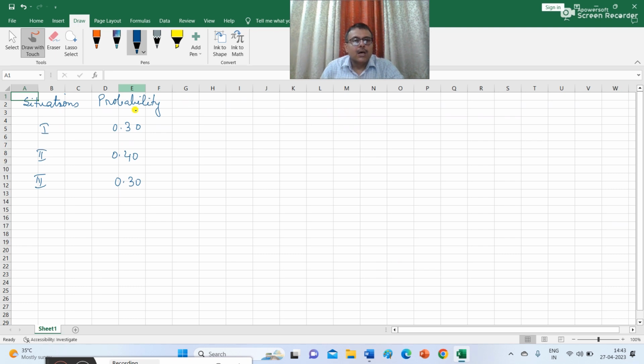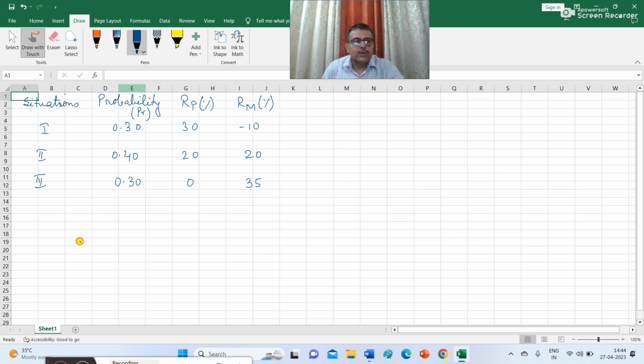Next is the return of the security P as RP, which is 30, 20, and 0. And the return of market portfolio RM as -10, 20, 35.